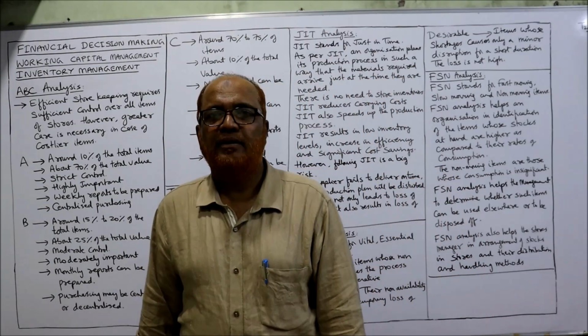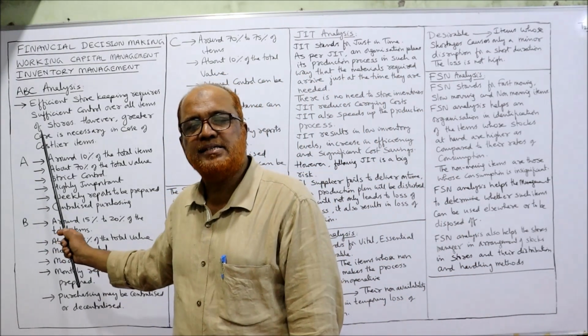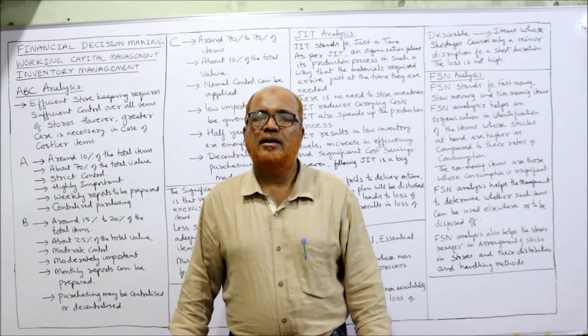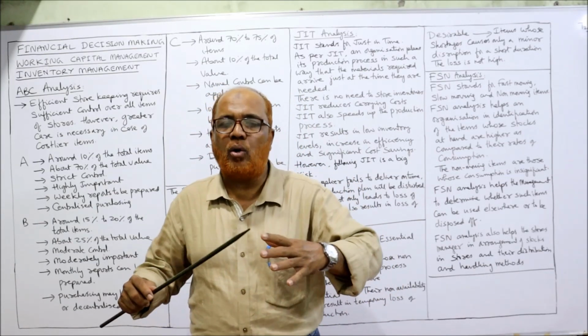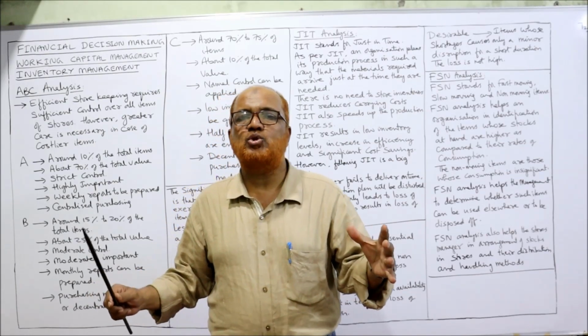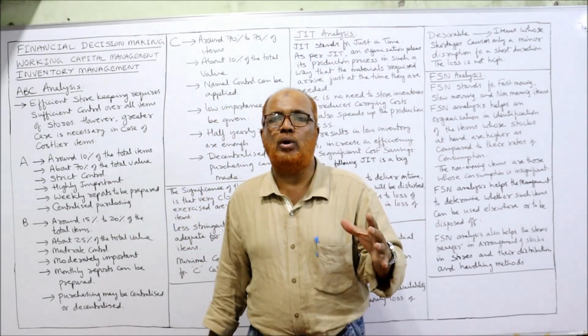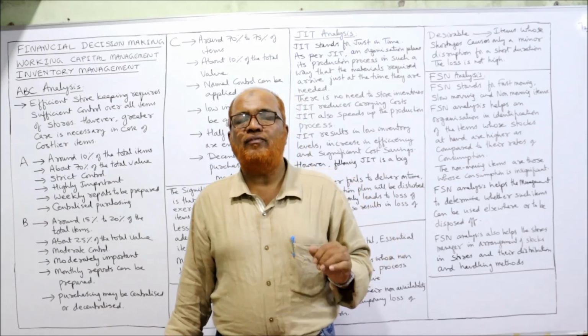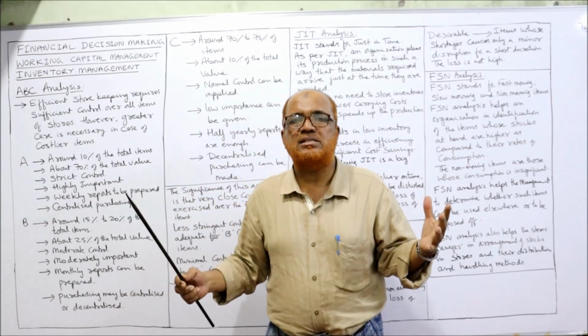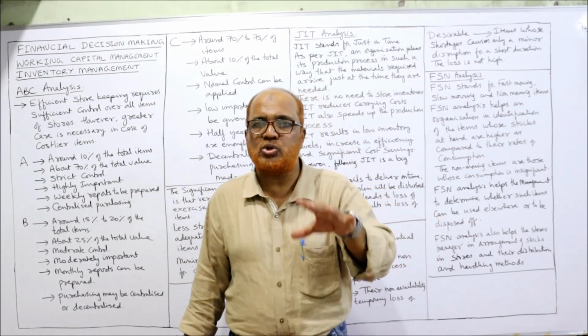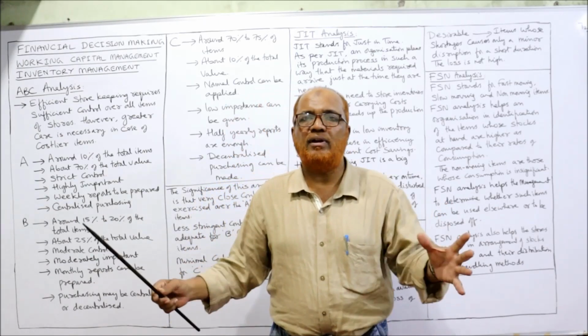Now, the first technique is ABC analysis. From the management point of view, it is required that all inventory items should be managed and controlled. So every item of inventory should be controlled. There should neither be excessive inventory nor a shortage of inventory, for all the inventory items.